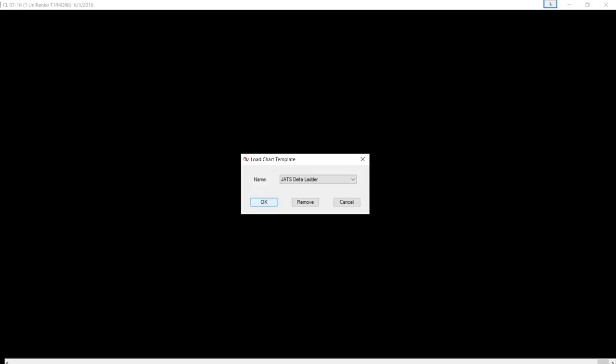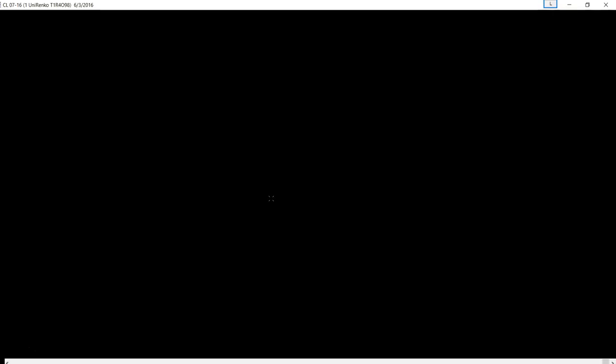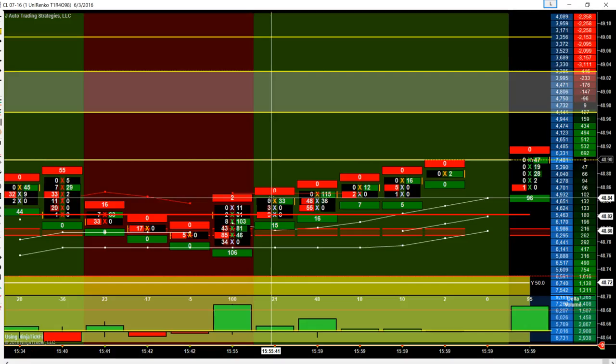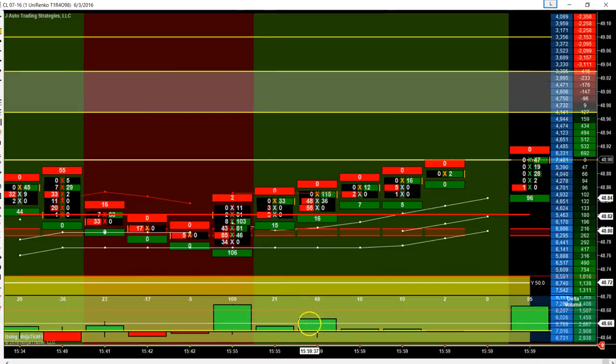This is my ladder, my delta ladder. I call it that for my delta shifts. And this is my variation of the volume metro ladder.